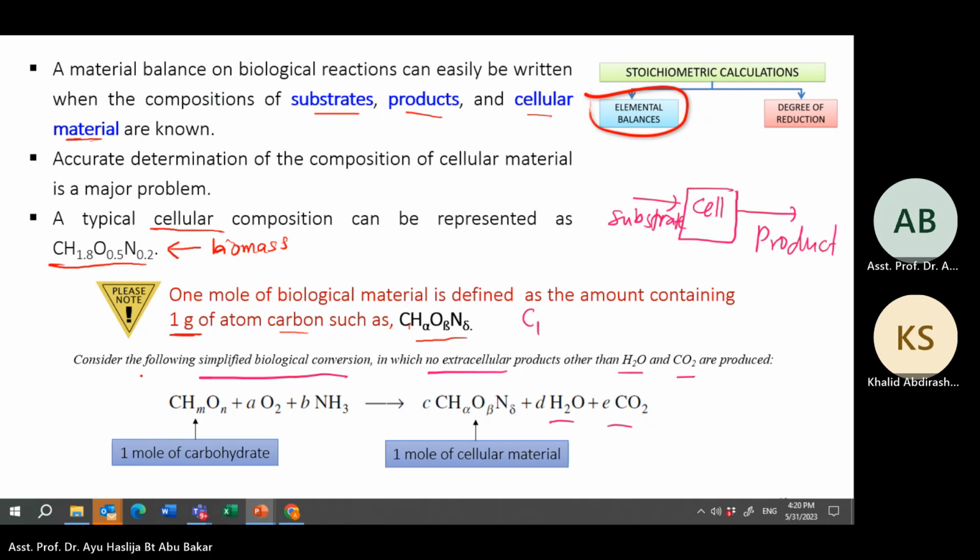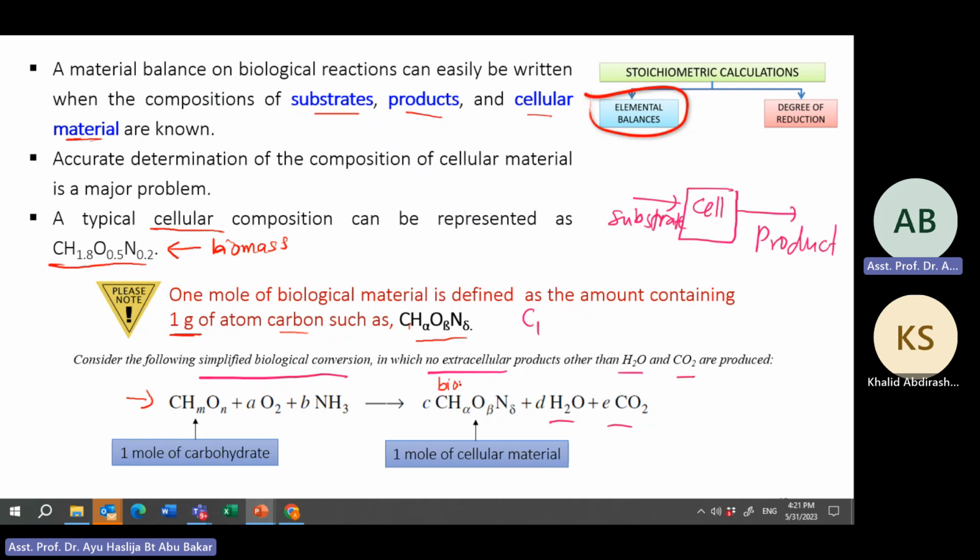Now, this one is the example of the reaction where 1 mole of carbohydrate, for example the glucose, needs O2 for the aerobic process and NH3. So we will produce this biomass.